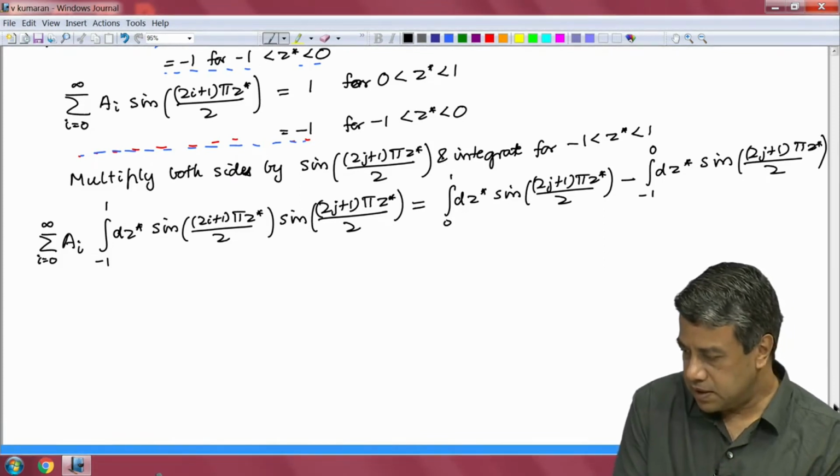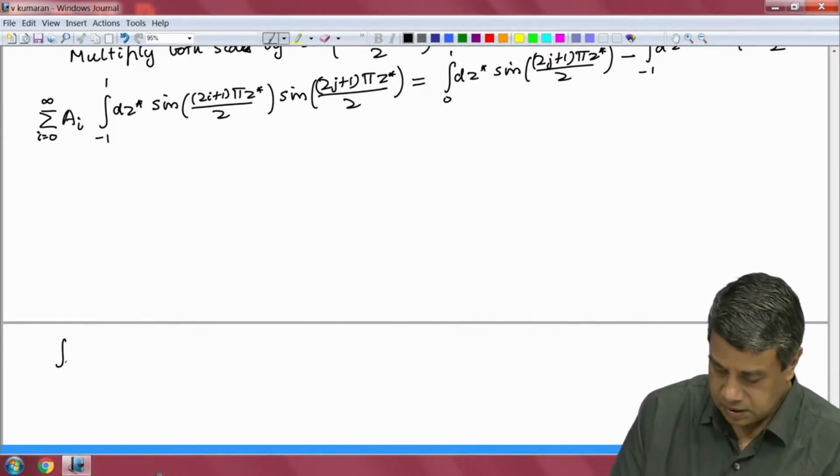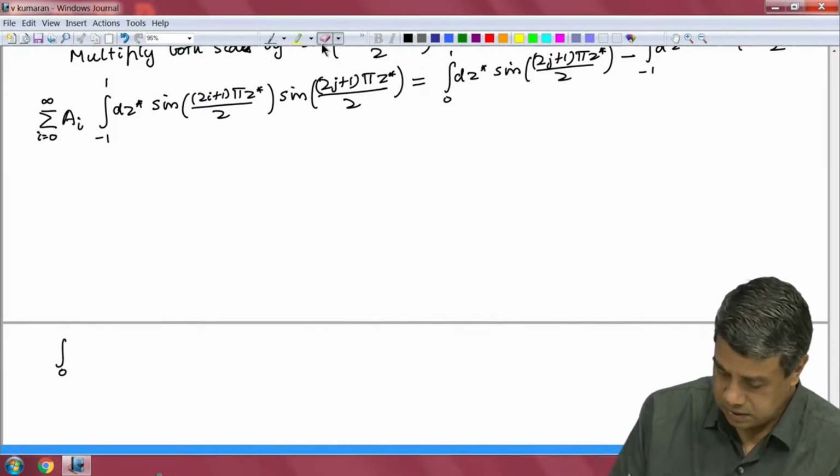So, let us calculate these two integrals one by one. Integral from minus 1 to 1.